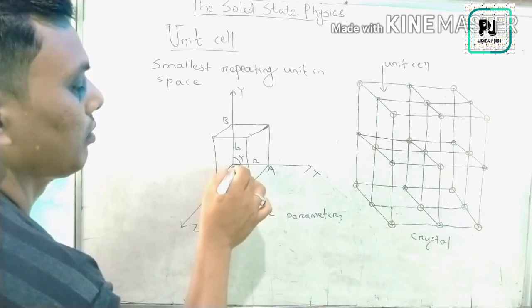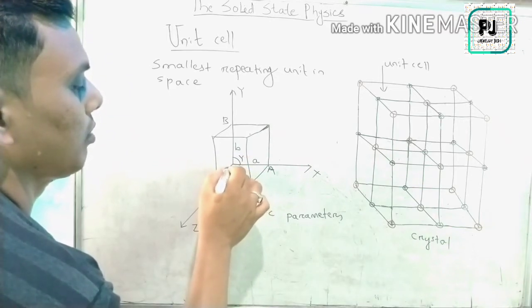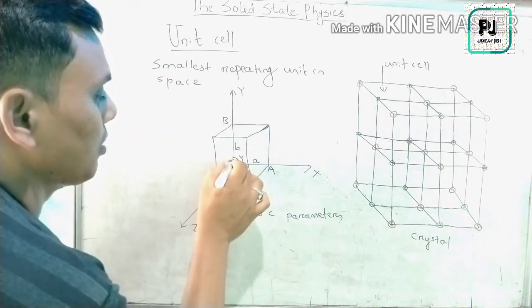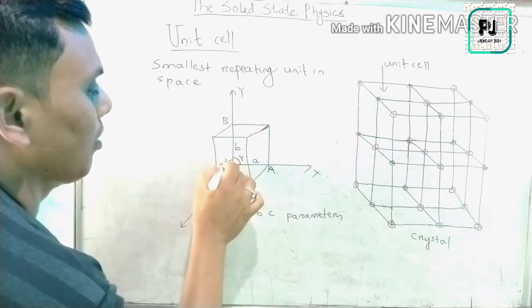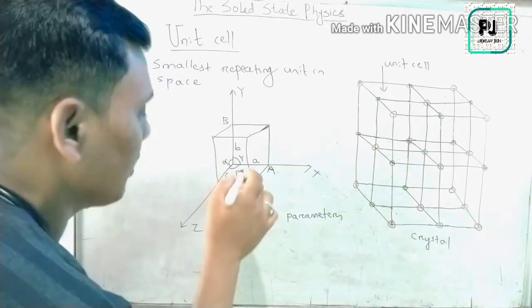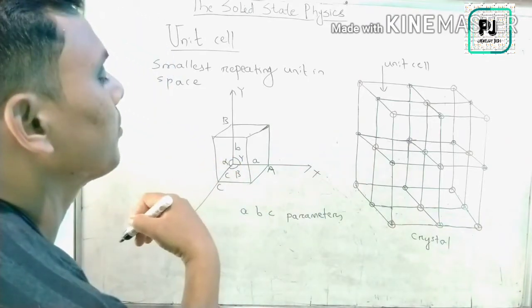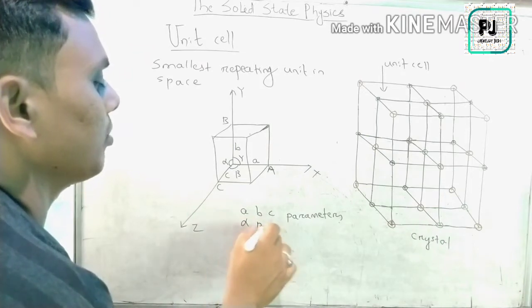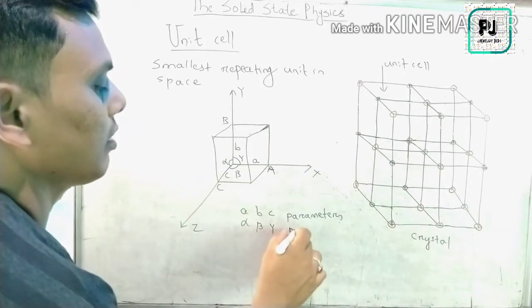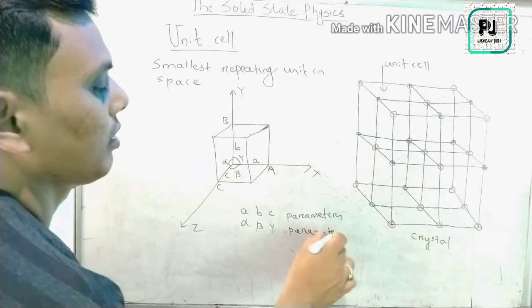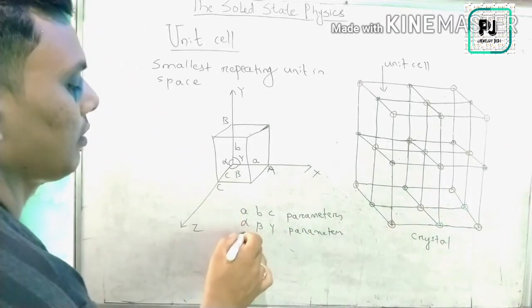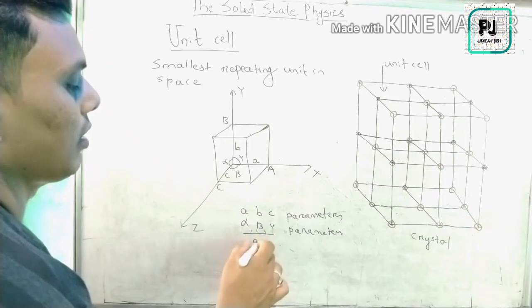This is x to z, your beta, and y to z, your alpha. So these three angles, alpha, beta, and gamma, are also parameters. There are 6 parameters in total.